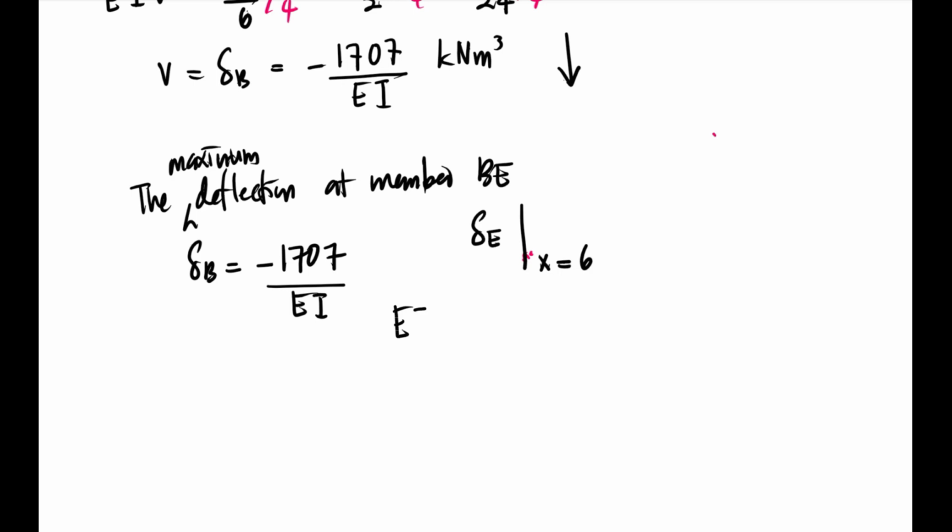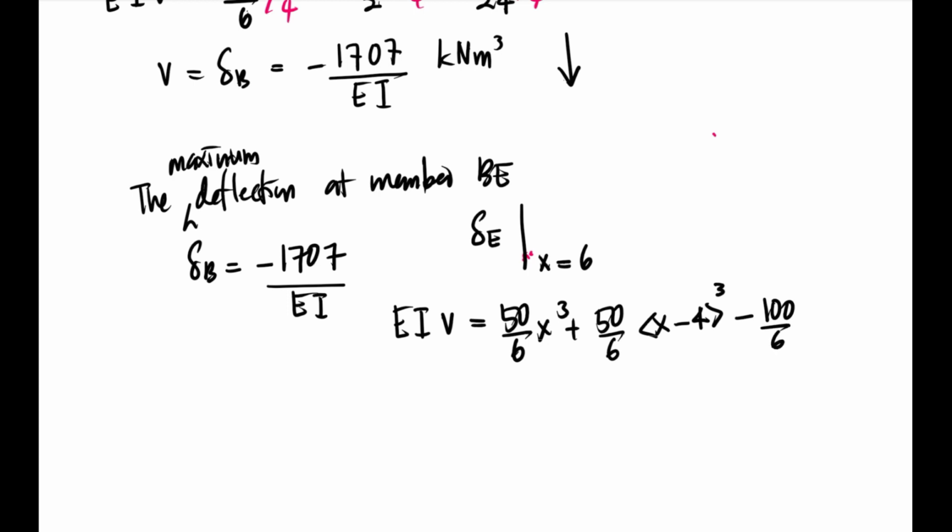So EI v is equal to 50 divided by 6 x to the power of 3 plus 50 divided by 6 (x minus 4) to the power of 3 minus 100 divided by 6 (x minus 4) to the power of 3 plus 327x minus 1707.